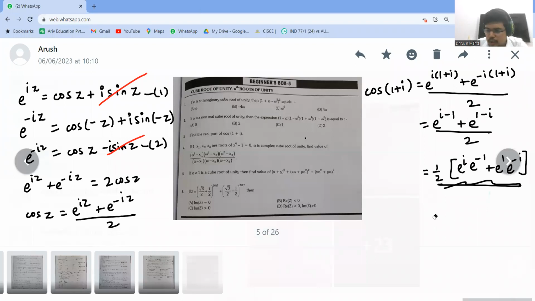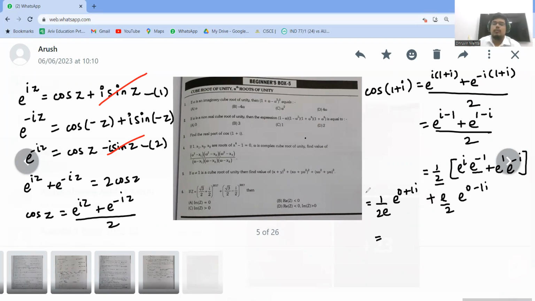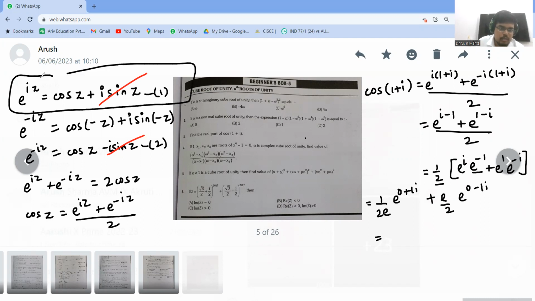So if we again use Euler's form here, Arush, we have 1 upon 2e into e raised to 0 plus 1i, plus we have e upon 2 into e raised to 0 minus 1i. I'm writing it in this form because we will be using it again.